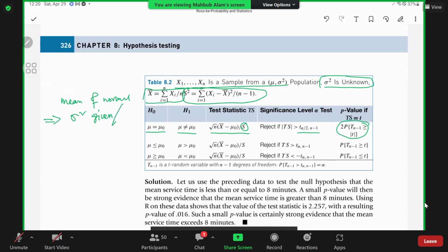For example, let's see an example here, a very good one. It says a public health officer claims that the mean home water use is 350 gallons per day.